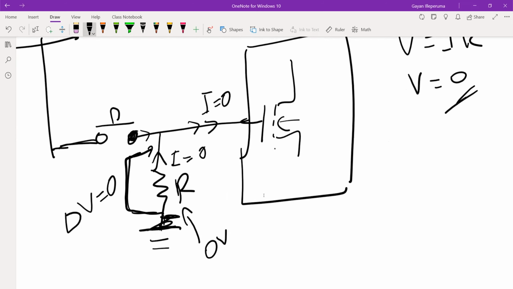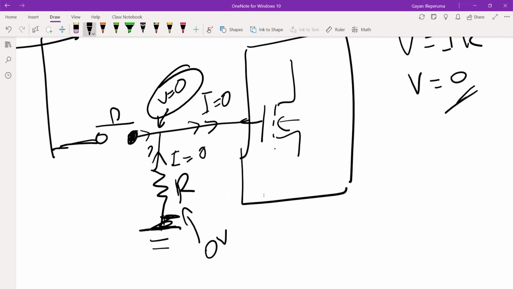This has a difference of 0. So that means this point is also 0 volts. So by using a pull down resistor, we are able to make sure when the switch is not closed, the voltage here is 0. It's no longer floating. Whatever charge is left will be grounded through this line, and this will become 0 volts.